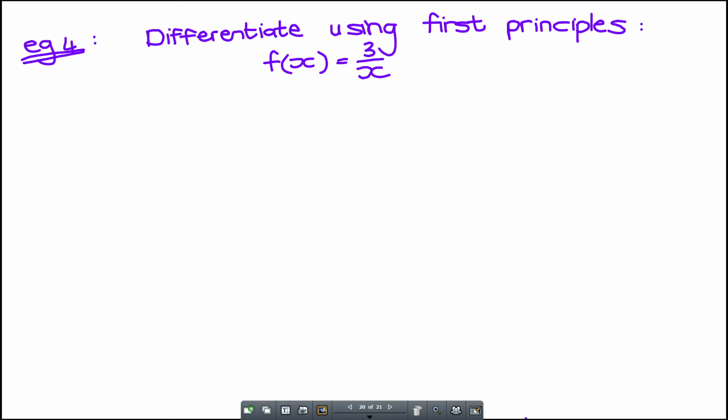Differentiate using first principles. f(x) is equal to 3 over x. If you want to use the shortcut, then I must first do something else. But for now, my f(x) stays 3 over x. Now, f(x plus h) will become 3 over x plus h.